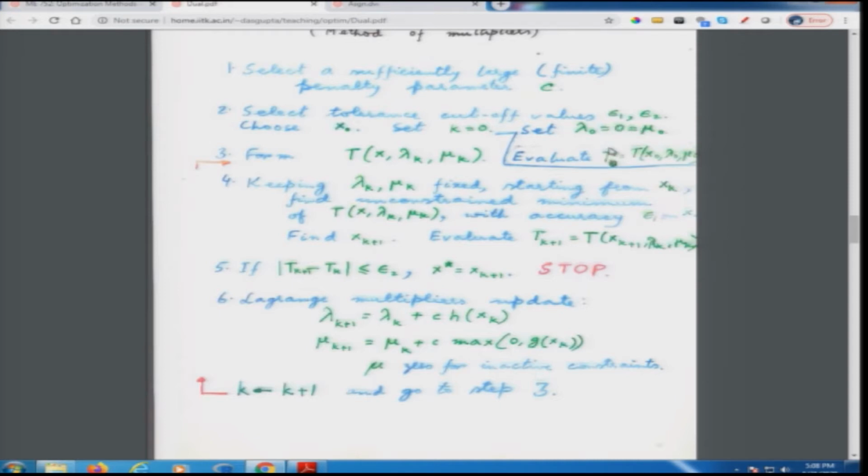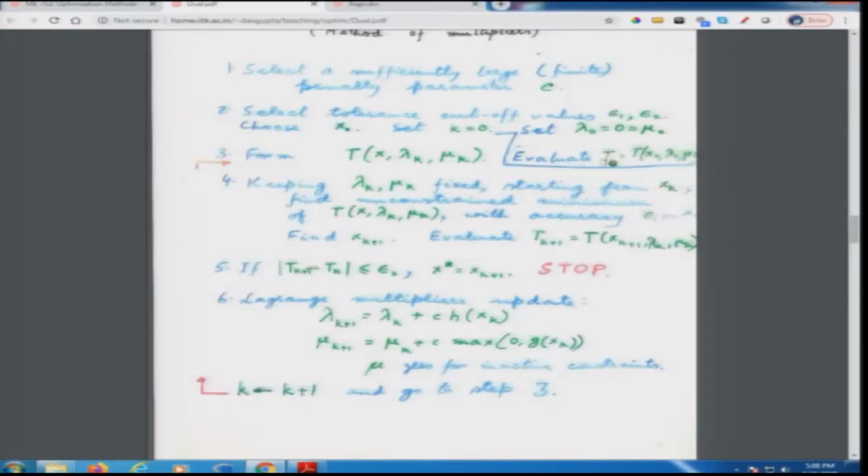Evaluate the initial augmented Lagrangian according to that formula. That is the Lagrangian plus half c into mod h squared summed over all the h's, plus the sum of the squares of max of g_i, 0. So, that is the formula for the augmented Lagrangian.